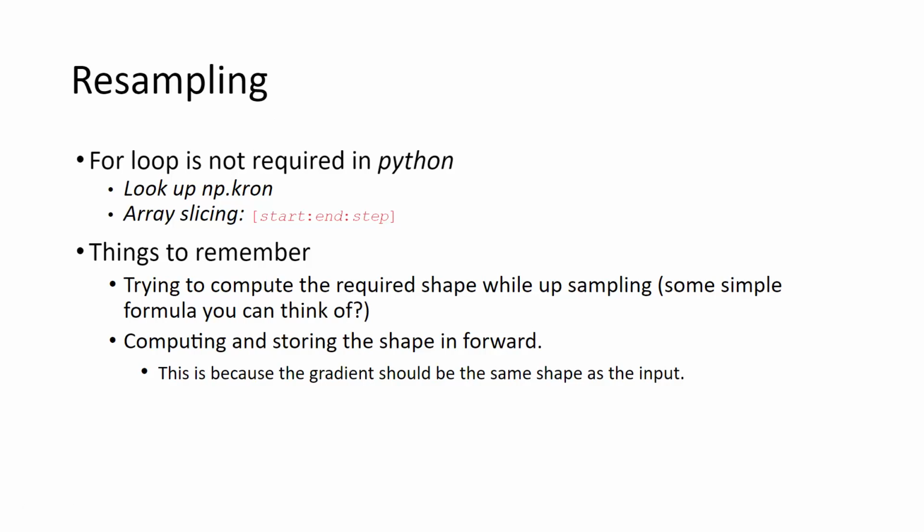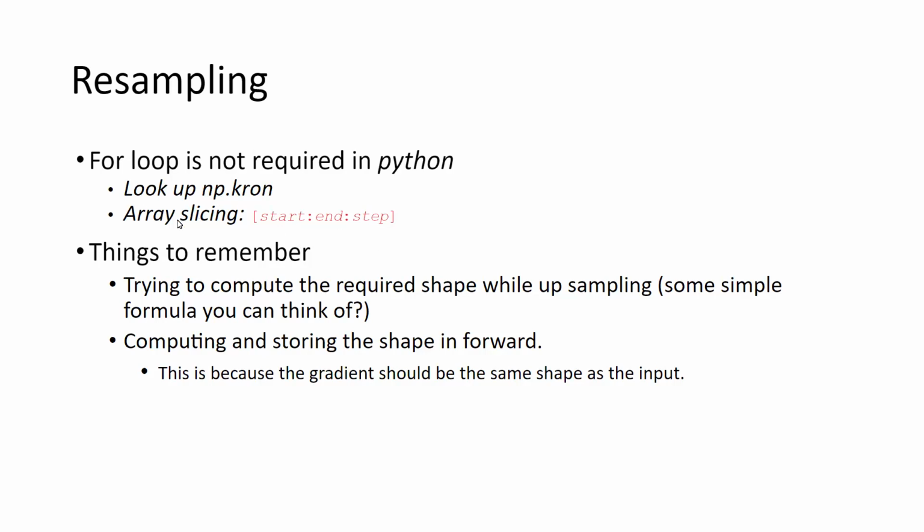The convenient and very easy way of doing resampling is using array slicing, which is a functionality supported by NumPy, where along a given dimension or axis of your matrix, you can define a slice with the start, end, and step parameters, which is the start index, end index, and how much of a step you want to take. So if the step is 2, and the start and end are 0 and end, this slicing would give you all the indices like 0, 2, 4, 8, and so on.